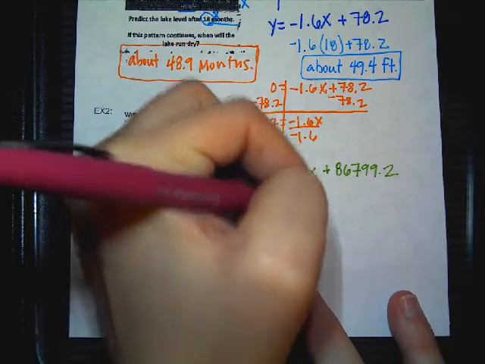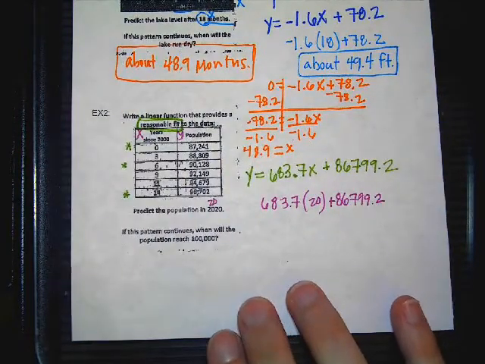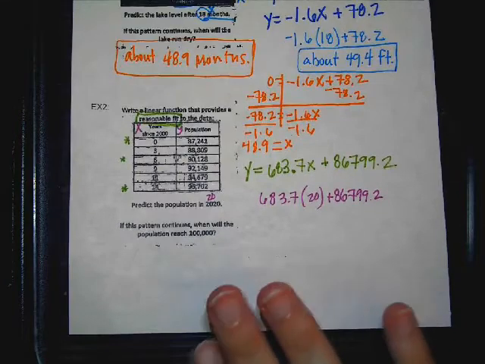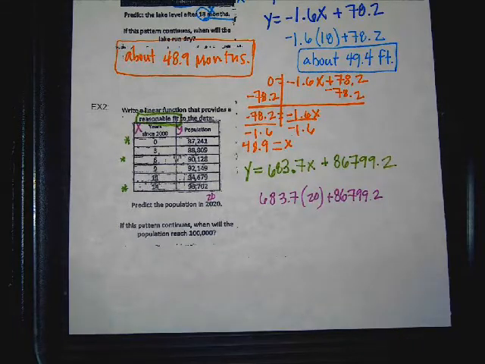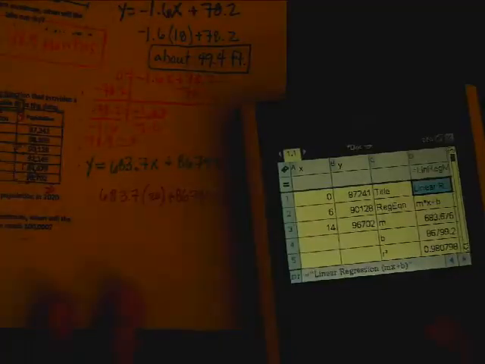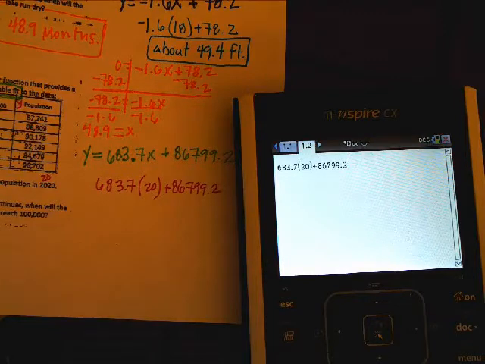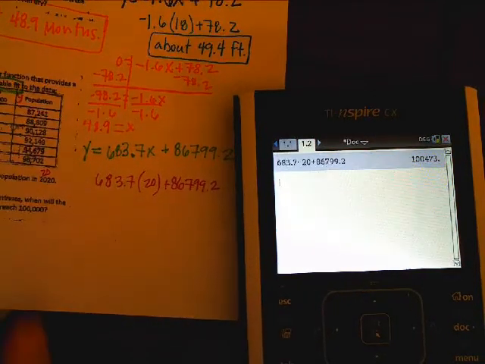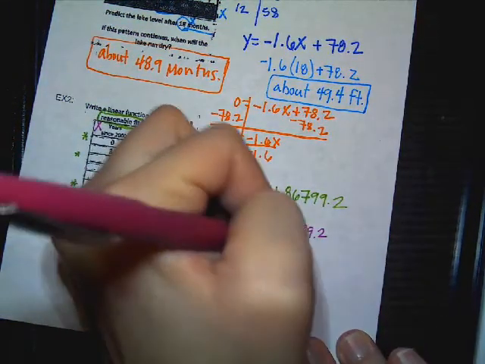So 683.7 times 20. Everybody should be writing this. Then go to your regular calculator. 683.7 times 20 plus 86,799.2 gives you about 100,473.